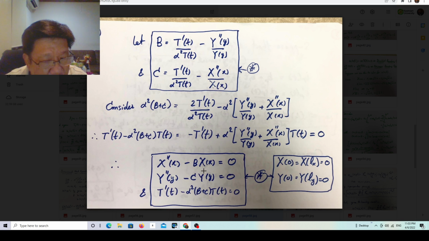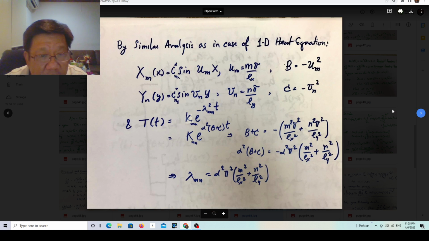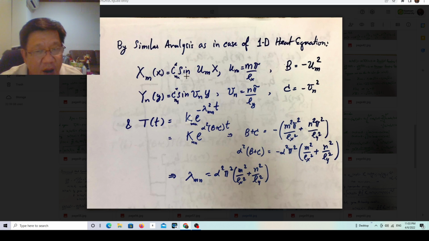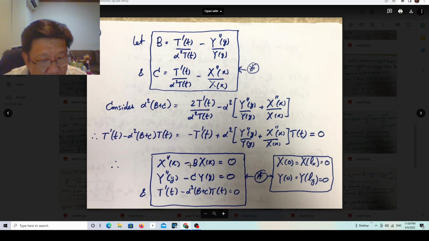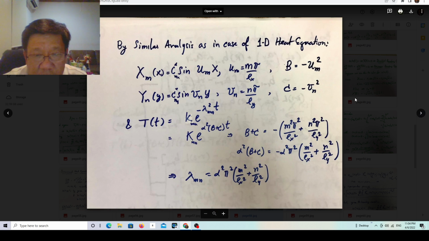With this form, you remember that it has to be sine of the square root of mu sub m, and this value has to equal the square root of b. Therefore b itself has to be the square of this, and it reverses the sign, becoming a minus sign.